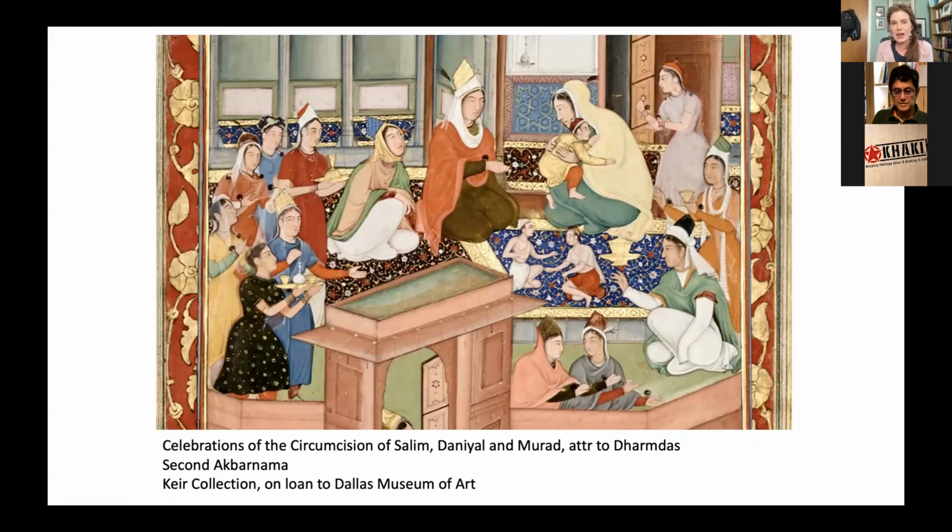And contemporary reports about Akbar's harem place the numbers of women within it somewhere between 300 and 5,000. Now, within that, you have official wives of Akbar, but you also have concubines.